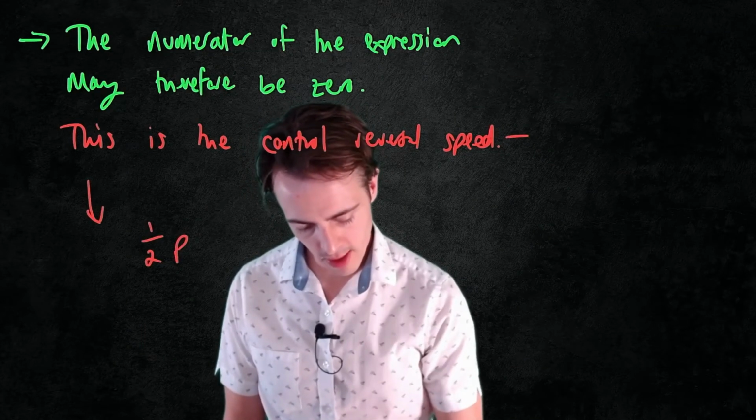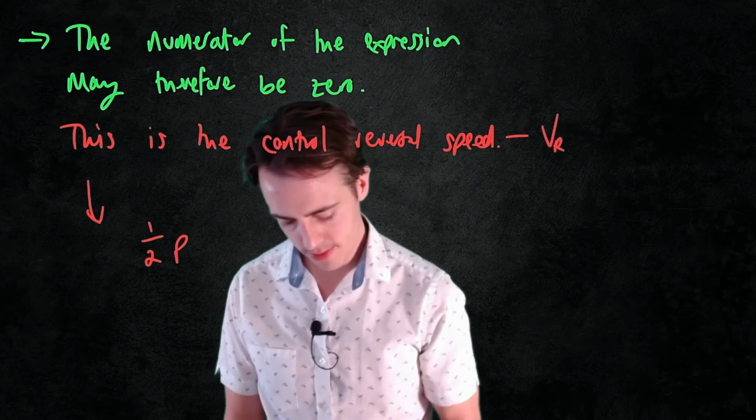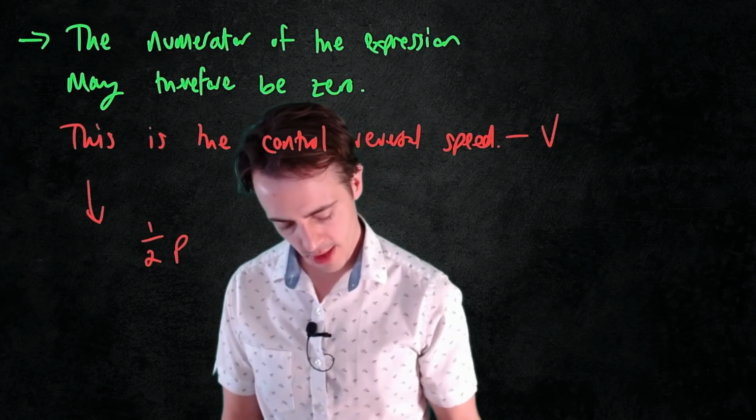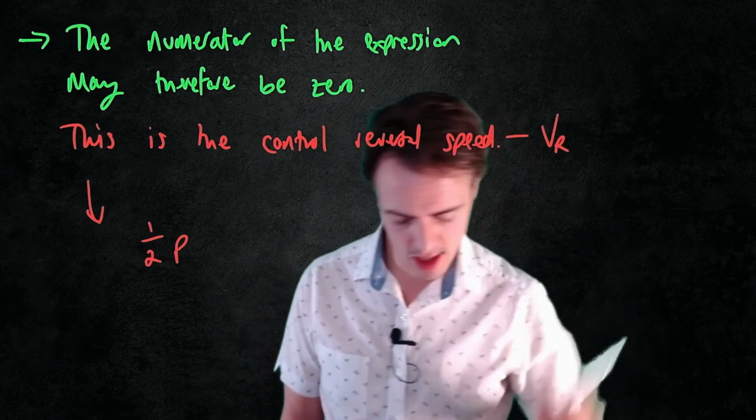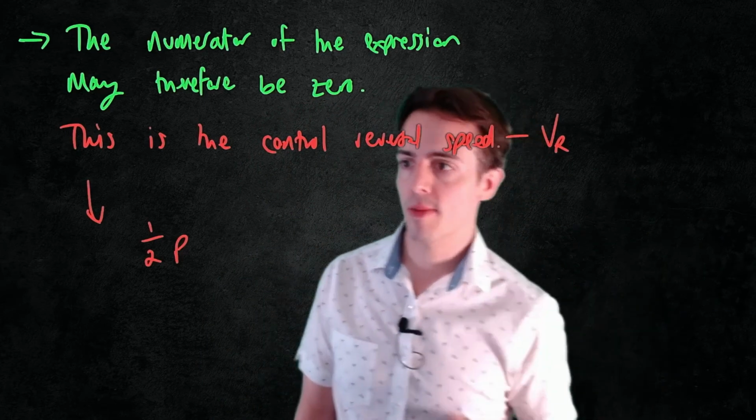And we're going to call this VR. VR's got about 1,000 uses in aerodynamics. Sometimes it's resultant velocity. We're just going to call this one here the control reversal speed VR.